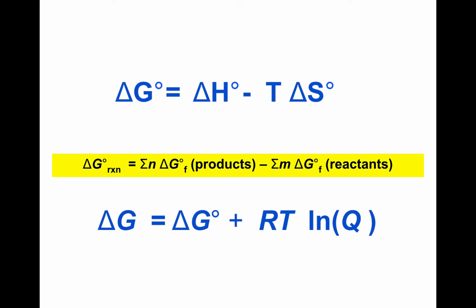Are we at equilibrium? Are we past equilibrium? Are we before equilibrium? So there's a way of equating free energy changes at non-standard conditions to Q, remember this reaction quotient. And depending on your value for delta G at non-standard conditions, we can figure out where we are in terms of going towards equilibrium.